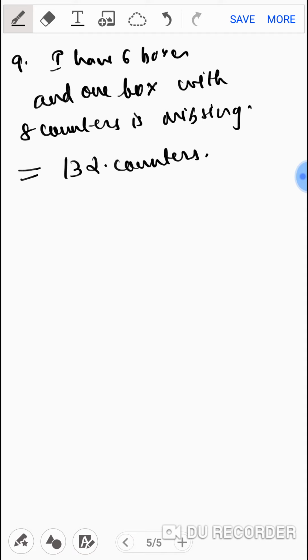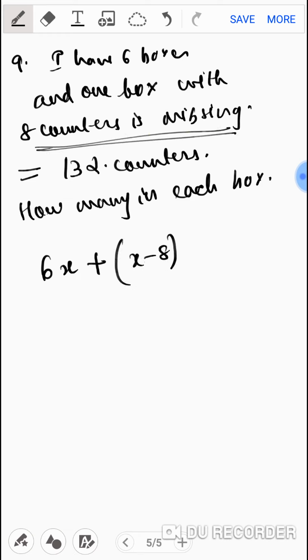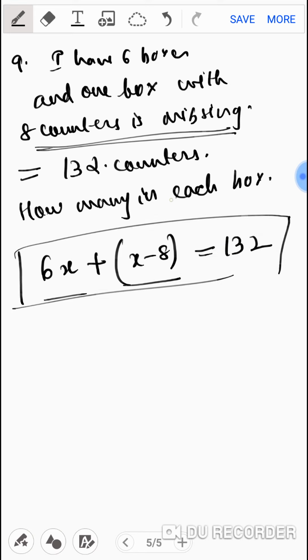How many are there in each full box? So now listen, there are 6 boxes. In each there are x number of counters, and from x number of counters 8 counters are missing. So can I write x minus 8, and that together becomes 132. So this is your equation for this problem.